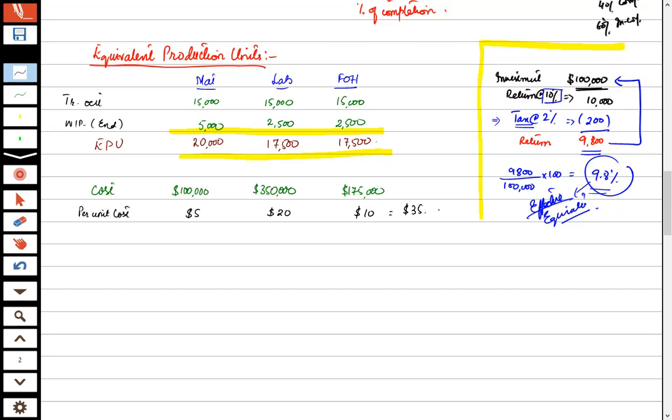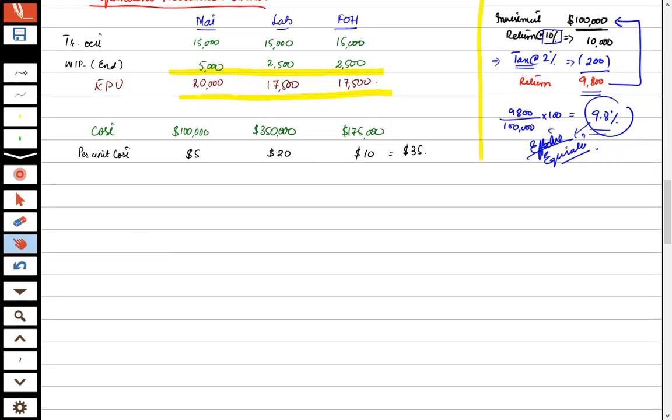How would it be prepared? It would start with the heading. That is, let's suppose it is department 1. So we will put the heading of department 1, cost of production report. And the month for which we are making it, for the month ended, month of whatever it is.